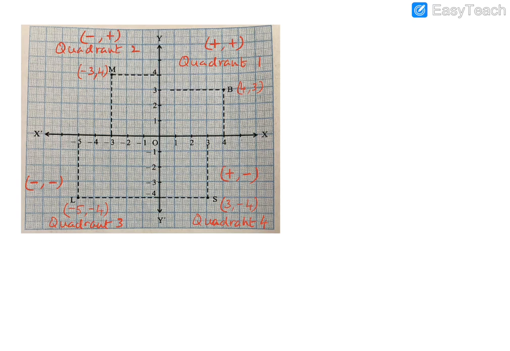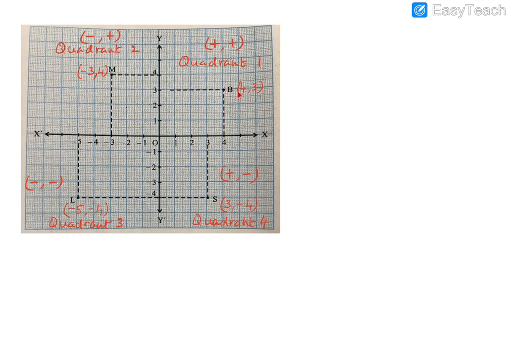Okay, and this is to do with the coordinate geometry chapter. So you will be given some points on the graph and you'll be asked to find the coordinates for that point, the x coordinate and the y coordinate, which are also called the abscissa and ordinate, and represent them in coordinate form.